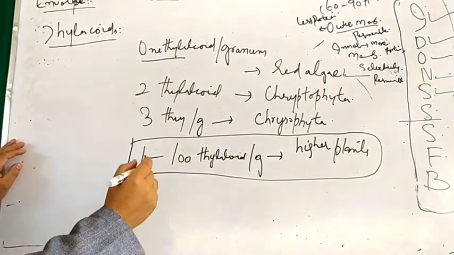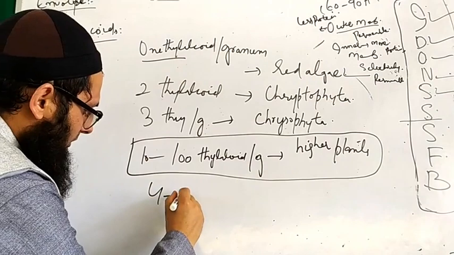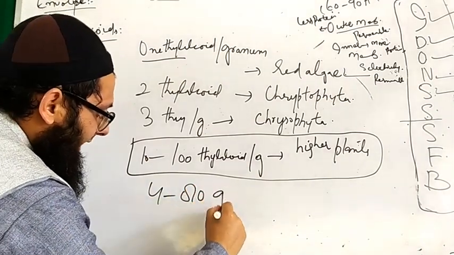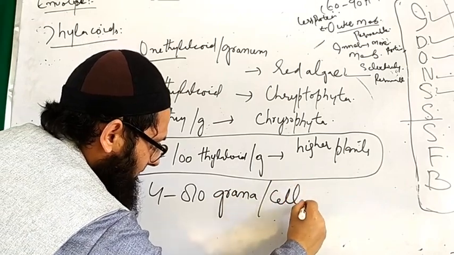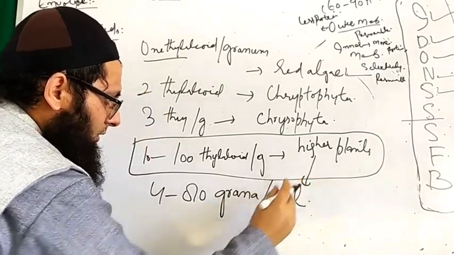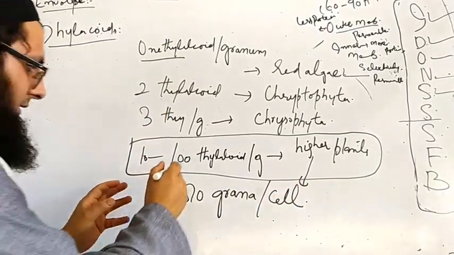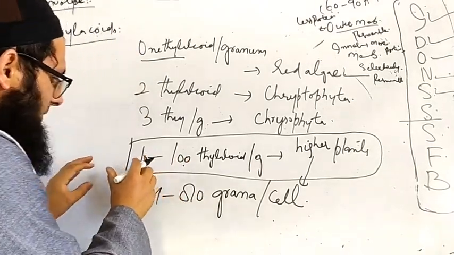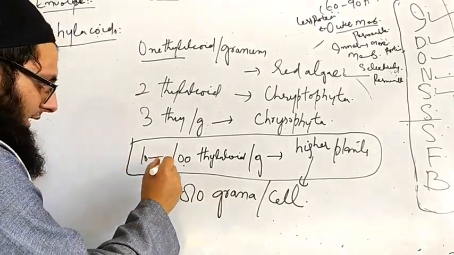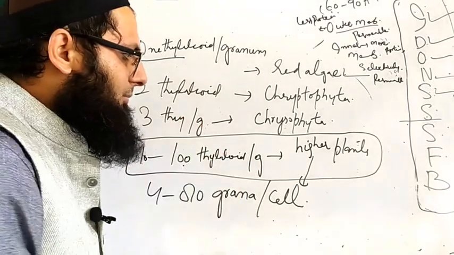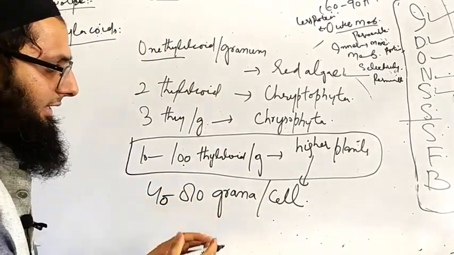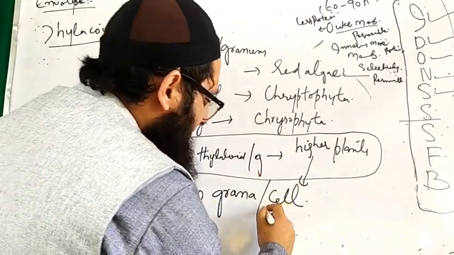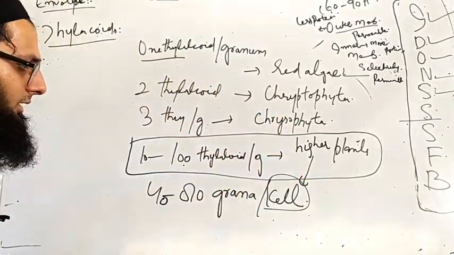And in higher plants, we have about 40 to 80 grana per cell. So you don't have to be confused between these two numbers. The 10 to 100 thylakoids are present per granum. However, 40 to 80 grana are present in one cell, right?